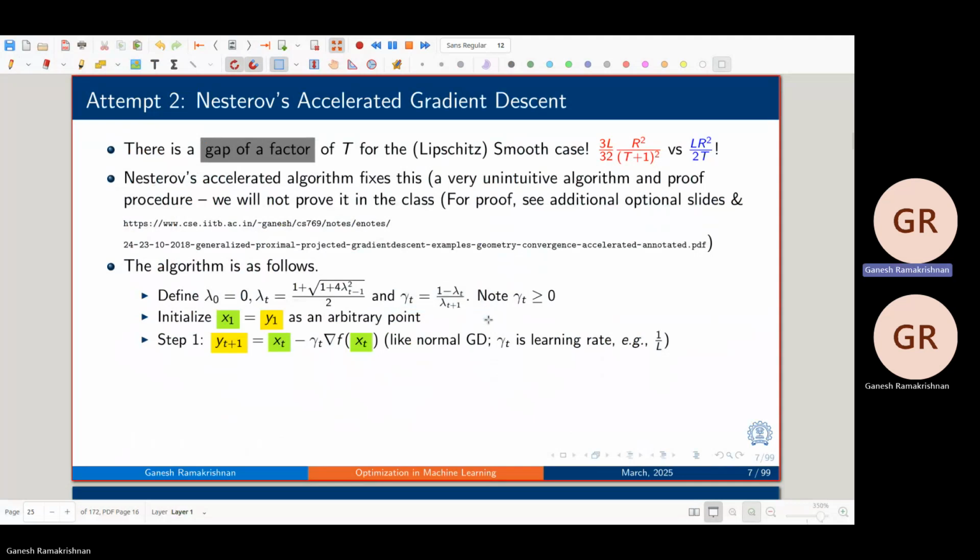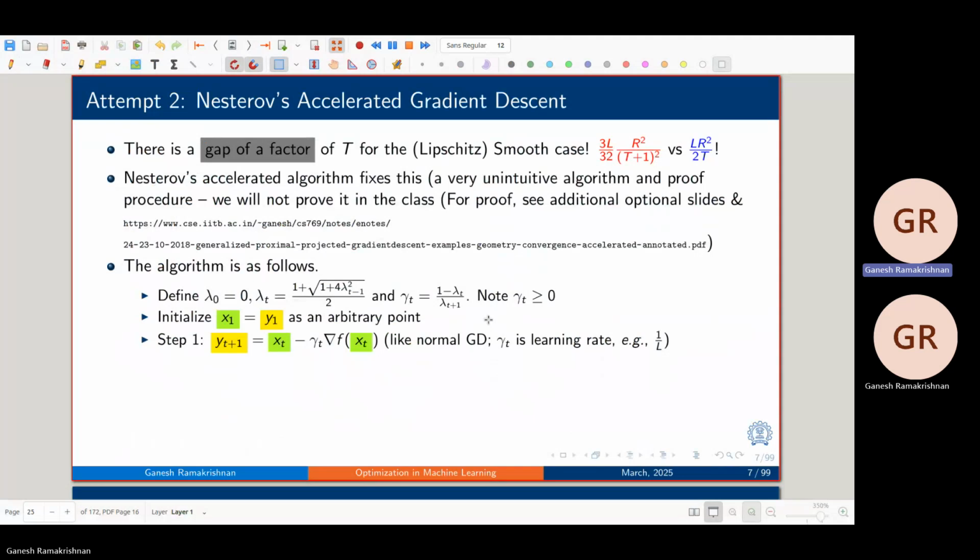One minus lambda t divided by lambda t plus 1. Well, how is it behaving if you were to try and plot gamma t? Just the intuitive idea. Decreasing?